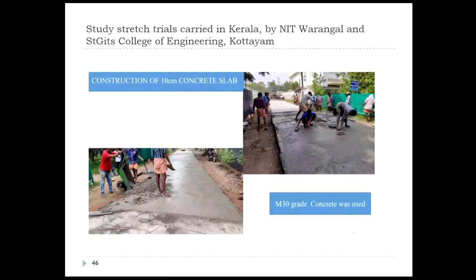So we had 4 sections with concrete, and the remaining 12 sections with flexible pavement combinations. I'll be discussing only the 4 combinations of concrete. It is a usual practice in low volume road construction in the state of Kerala to go for a concrete slab of 10 centimeter thickness.